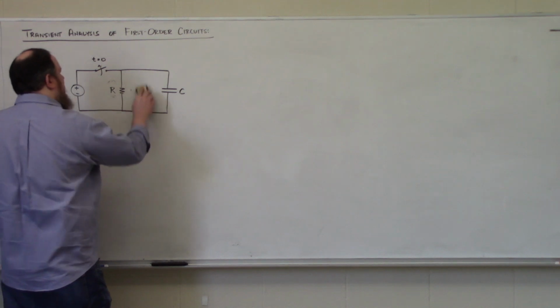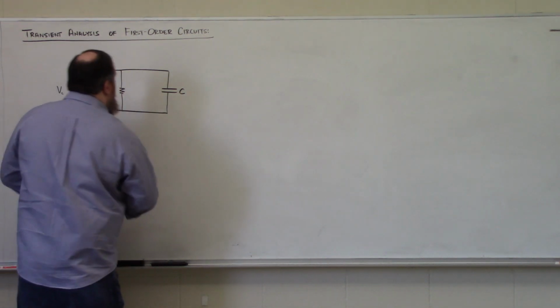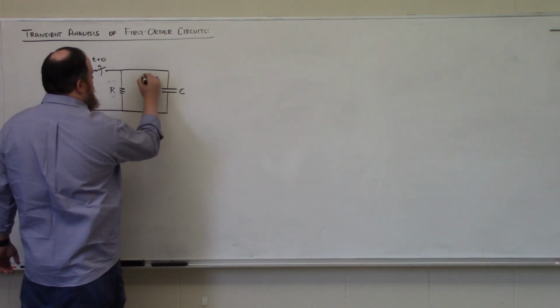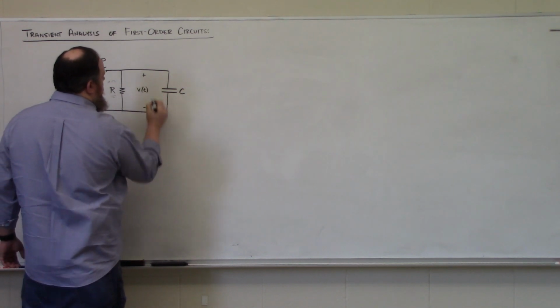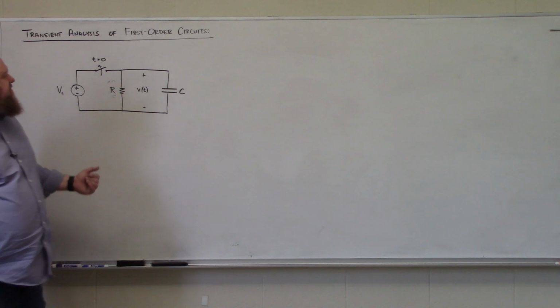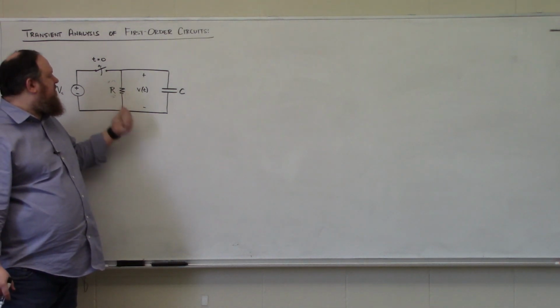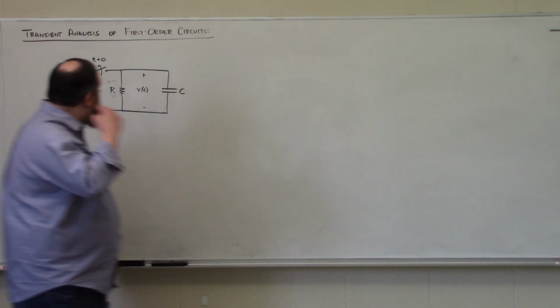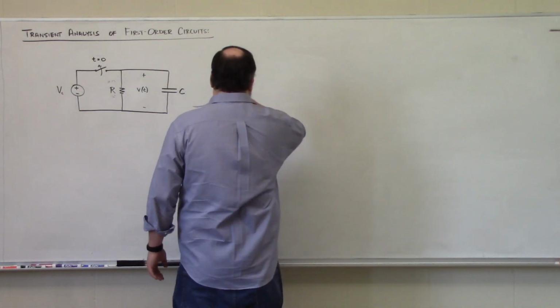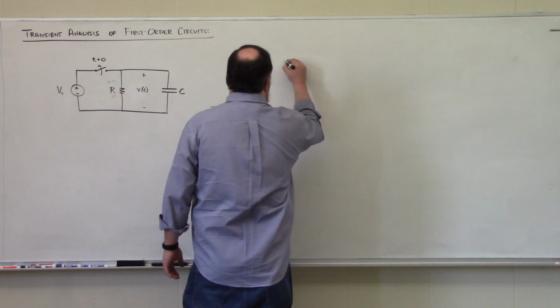And let's define this voltage, instead of just being the resistor voltage, to be V of t, which is the voltage drop over the resistor, which is in parallel with that capacitor, okay? Well, let's make our plot again.